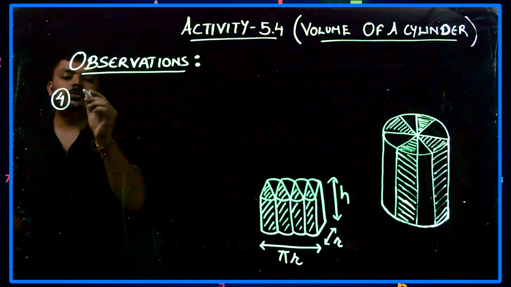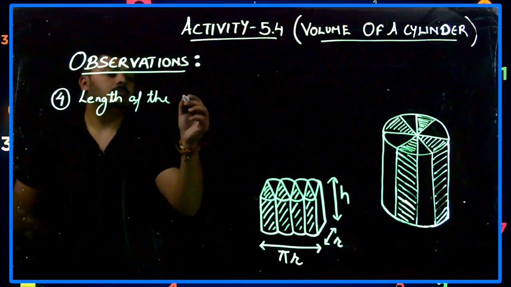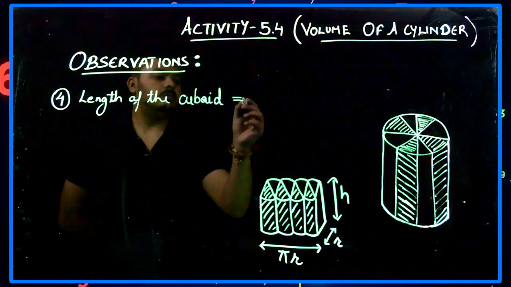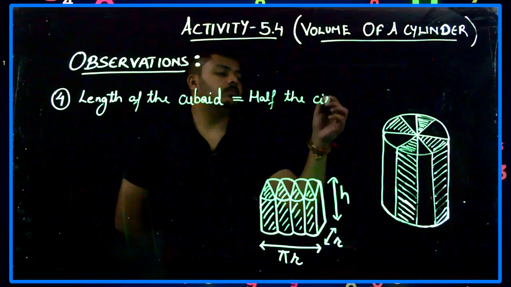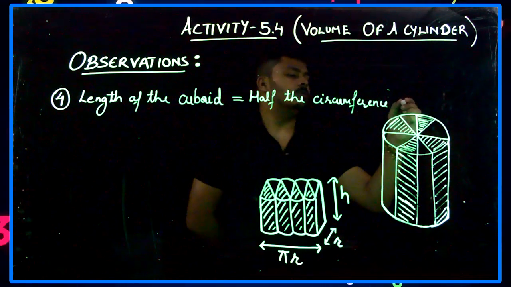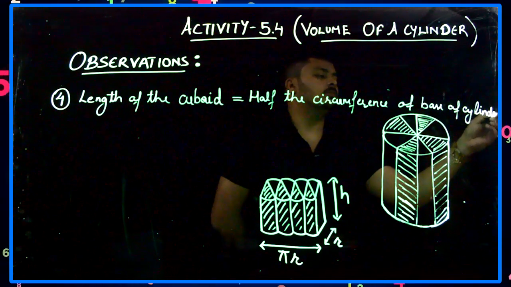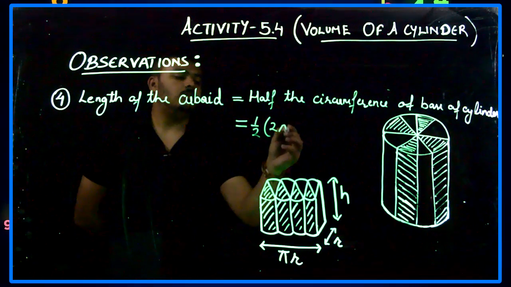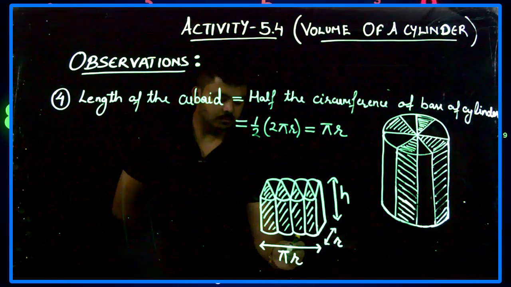So the observation 4 is the length of the cuboid is equal to half the circumference of base of cylinder, which is equal to half 2 pi r, equals to pi r. So the length becomes pi r.